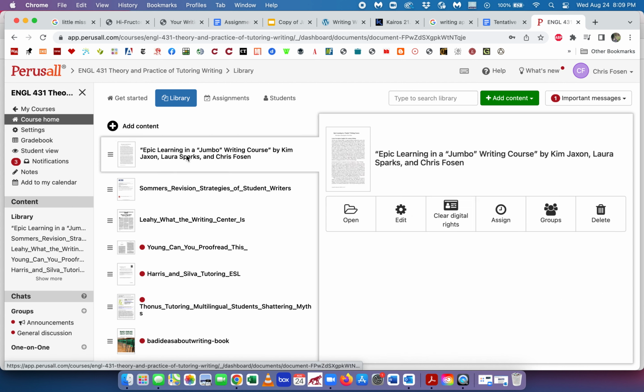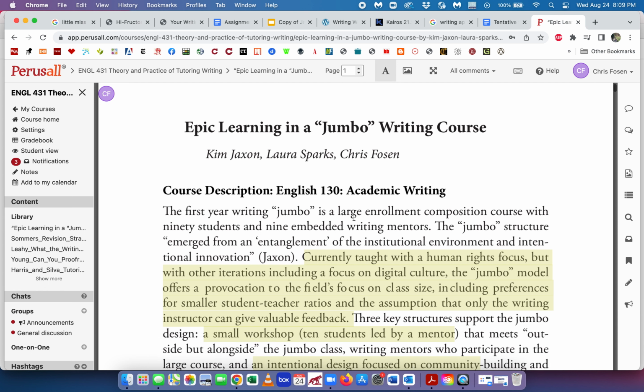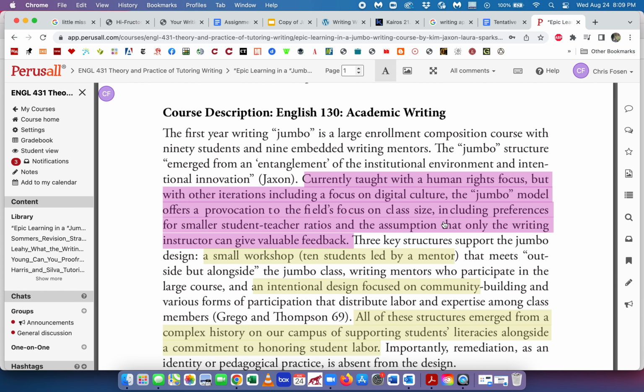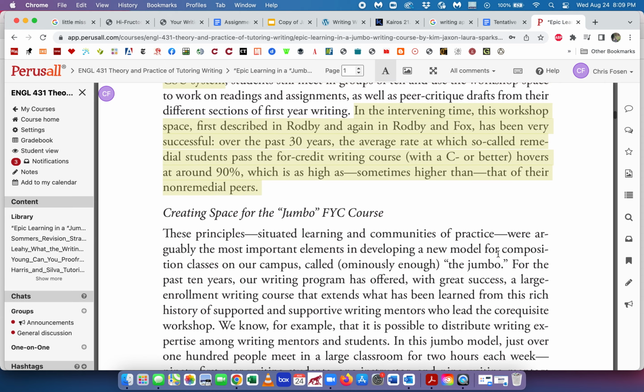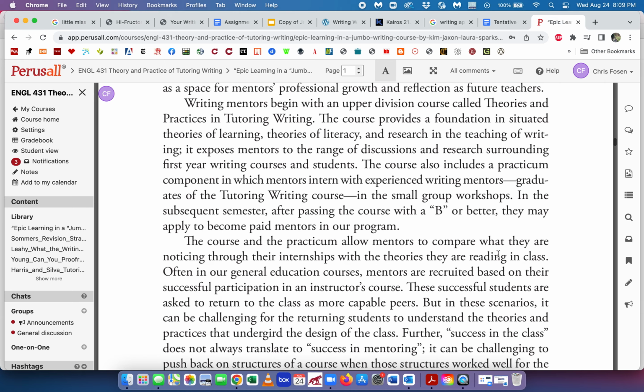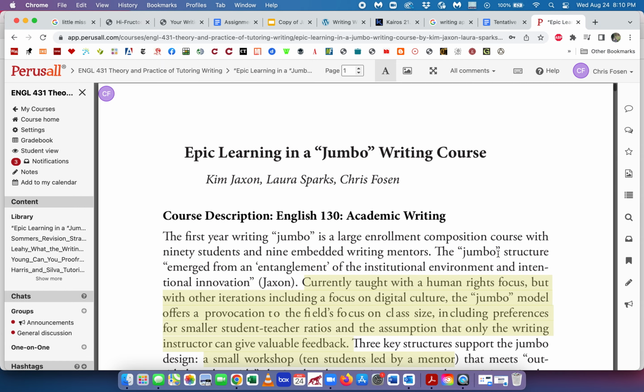So what does that actually look like in practice? If I were to go to a text right here, you'd see very quickly that certain parts of the text have already been highlighted. There, in fact, are highlights throughout the course. What I expect is that you, as you read, have reactions to what you read.